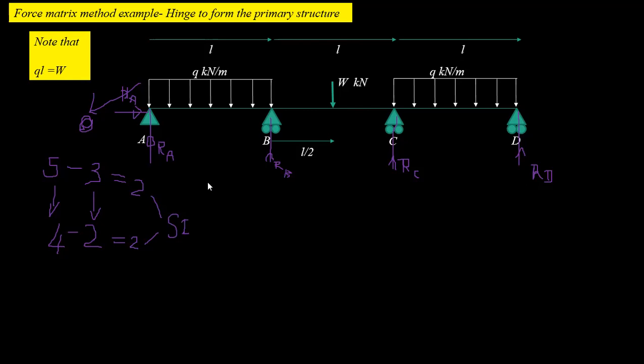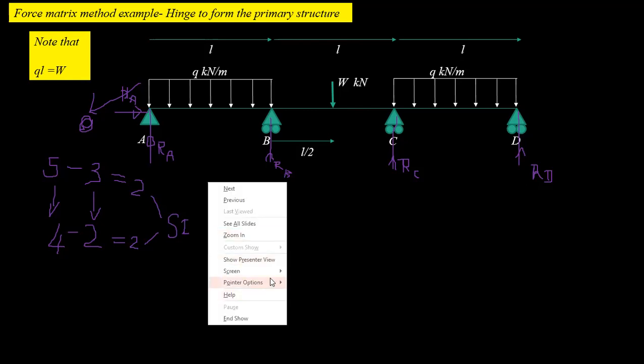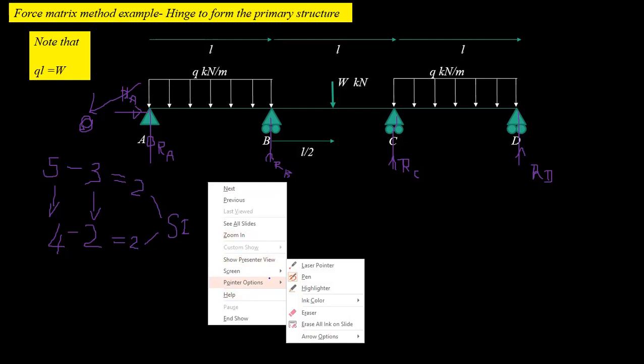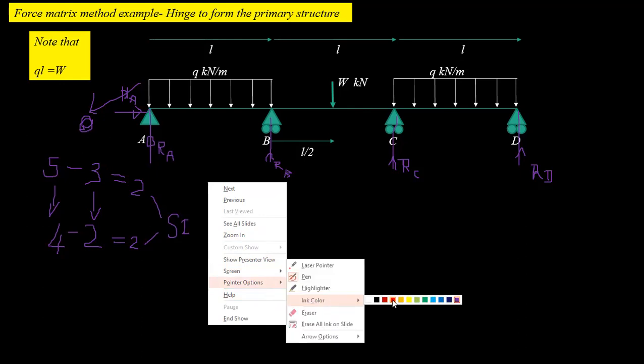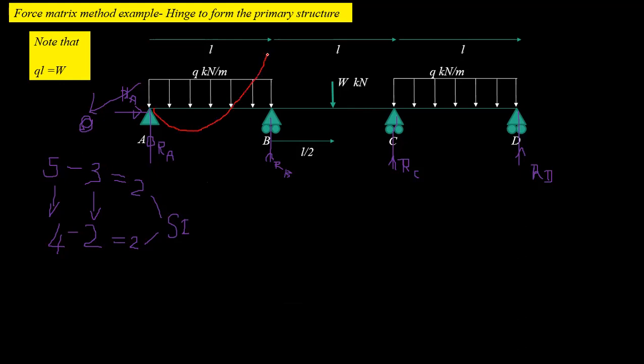So at A and D, the bending moments are 0 at the free ends. At B and C, the bending moments are not 0, but the sum of moments is 0, opposite and equal on both sides. If you draw the bending moment curve, it would look like this, with hogging moment from both sides.